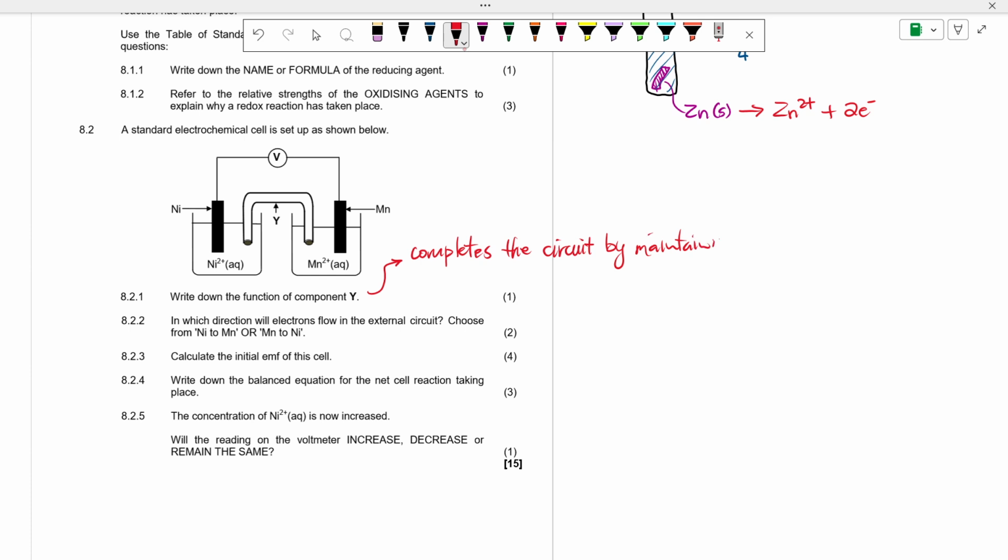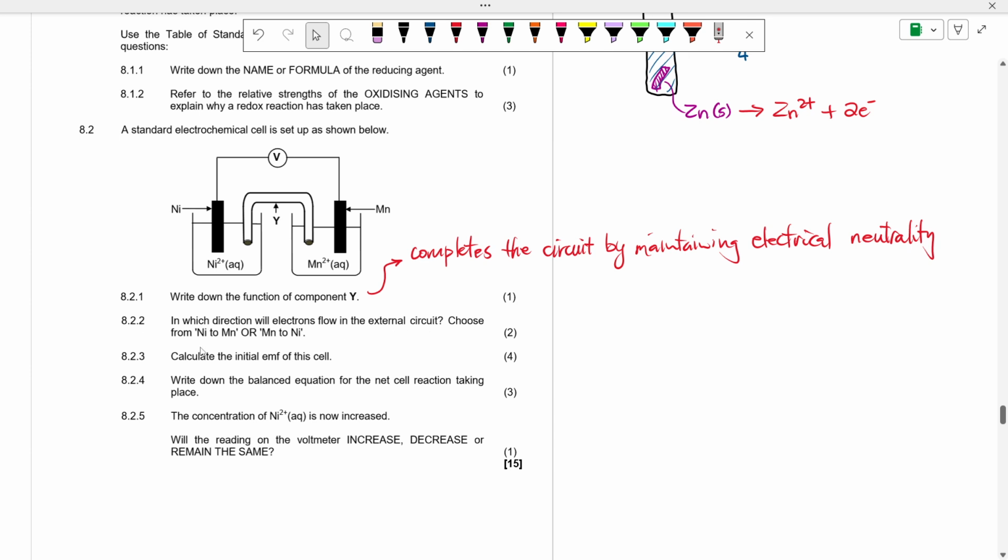Yeah, that's good. I think that can even qualify as two reasons, but it's fine. Another reason you can give is that it provides a path for the movement of ions. Okay, a couple of them.